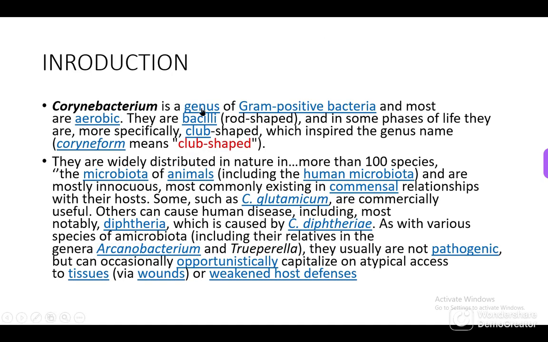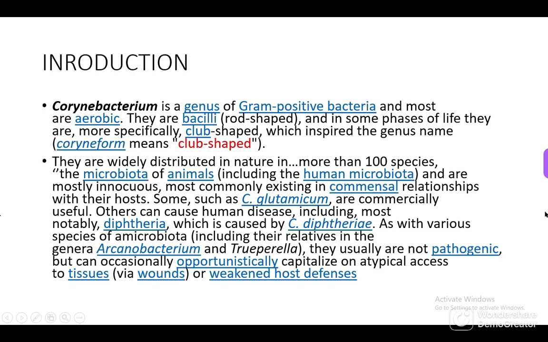Corynebacterium is a genus of gram-positive bacteria and they are mostly aerobic. They need some oxygen, rather the amount of oxygen should be more. They are bacilli and they are rod-shaped, club-shaped. That is why they are called Corynebacteria, because of the shape.